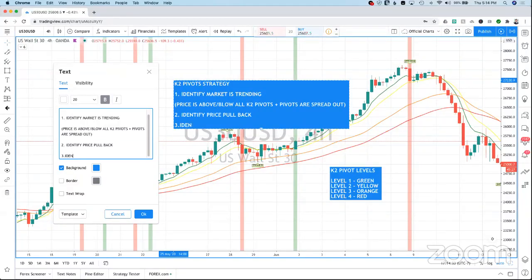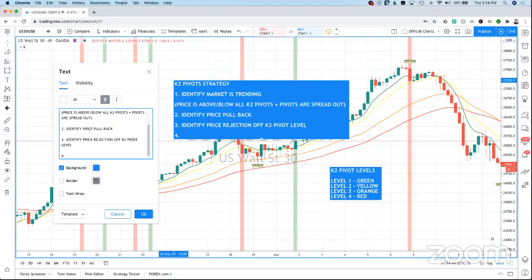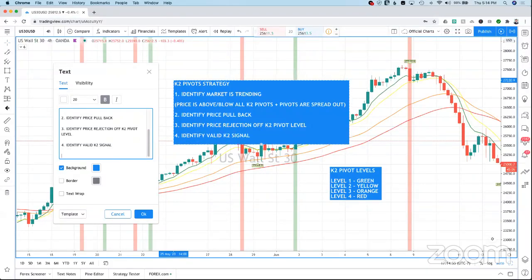And then next, you want to identify price rejection off K2 pivot level. And then lastly, identify valid K2 signal. And then number 5, enter on open of falling candle.